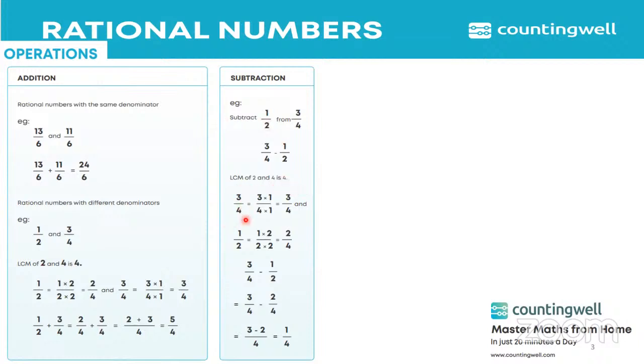That's why 3 by 4 will be as it is, whereas for 1 by 2, we will multiply numerator and denominator both by 2. So you will get 2 by 4. Now we will subtract by rewriting 1 by 2 as 2 by 4. So here we'll take the subtraction of numerators, that is 3 minus 2 upon the denominator 4. This is equal to 1 by 4.